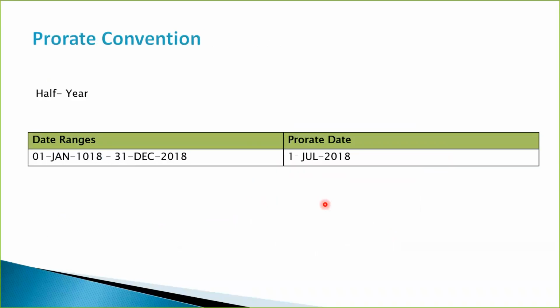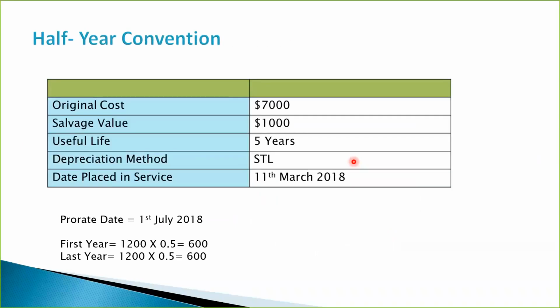So if our convention looks like this, whereby the prorate date, regardless of the date placed in service, is 1st July 2018, the system is going to say, well, 1st July belongs to the period of July 2018. So I'm going to start calculating depreciation from July 2018.